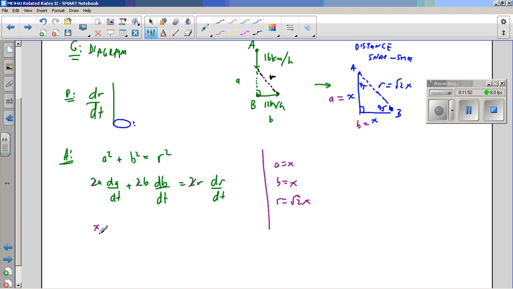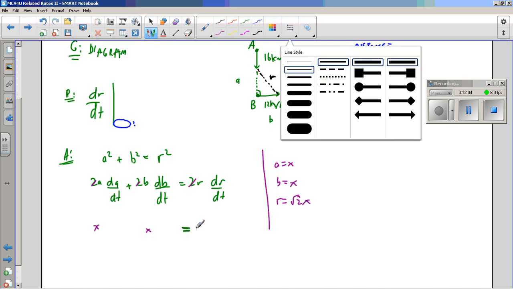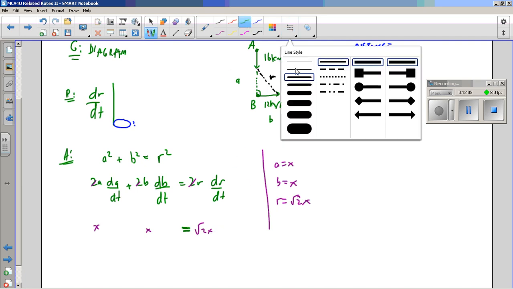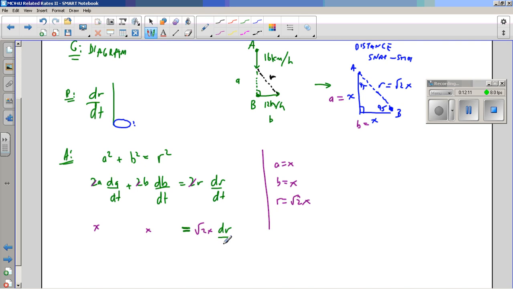This x is some distance, but if I put that in, this x is going to appear in each term, and I will be able to cancel it. I'm worried about what's dA dt and what's dB dt. I got to figure that out.